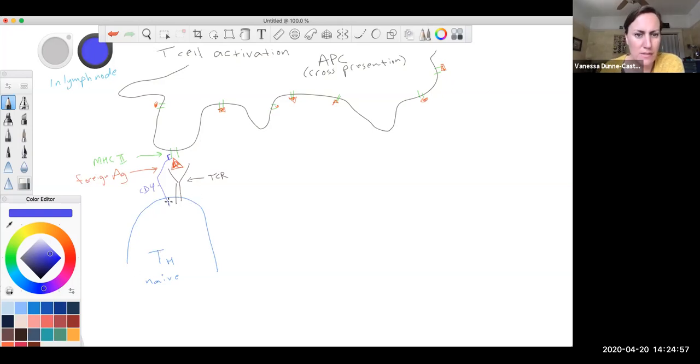Okay, so this is one interaction. We looked at this one before where we see if there's a perfect match between the foreign antigen and the T cell receptor. And in addition, if the CD4 co-receptor can bind to and recognize MHC class 2, this causes activation of our T helper cells. So actually, let's continue drawing this one out.